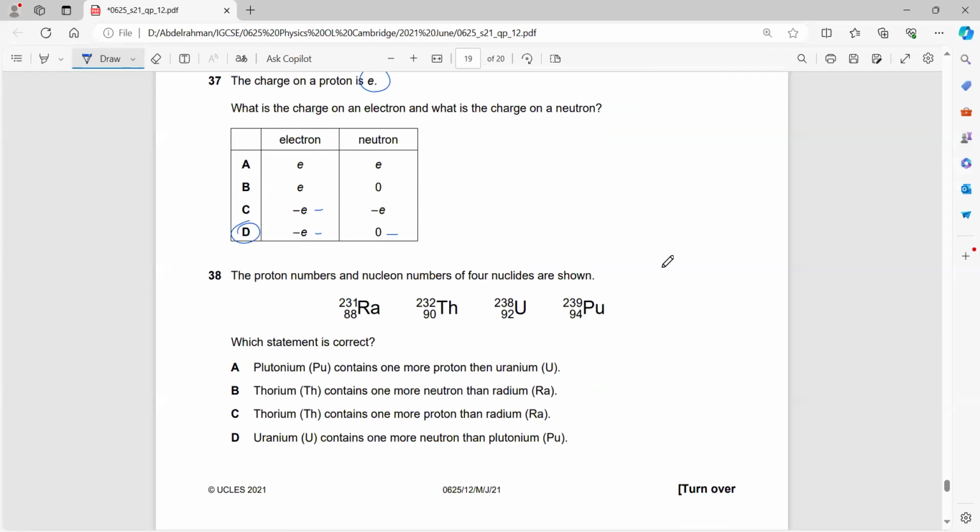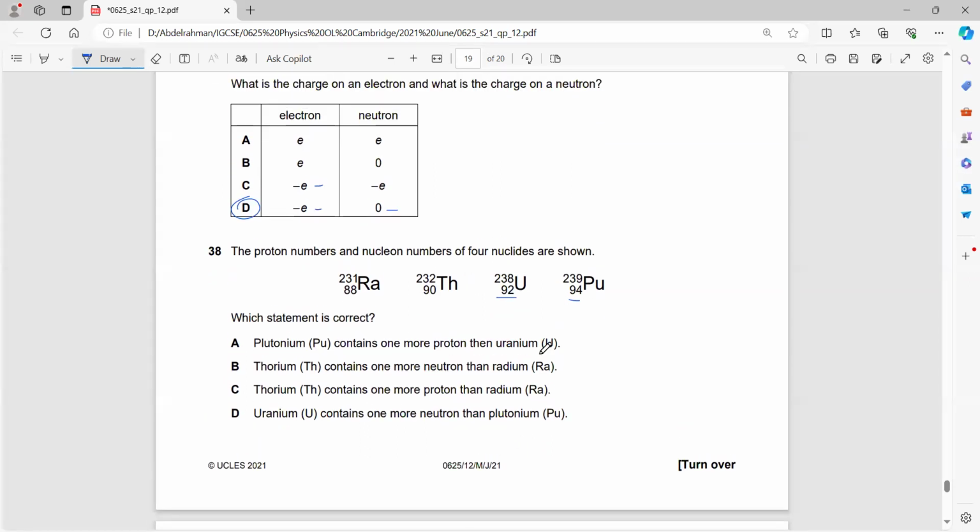Which statement is correct? Radium, thorium, uranium, and plutonium. Uranium contains one more neutron than plutonium. Yes, it is D. How did we do it?